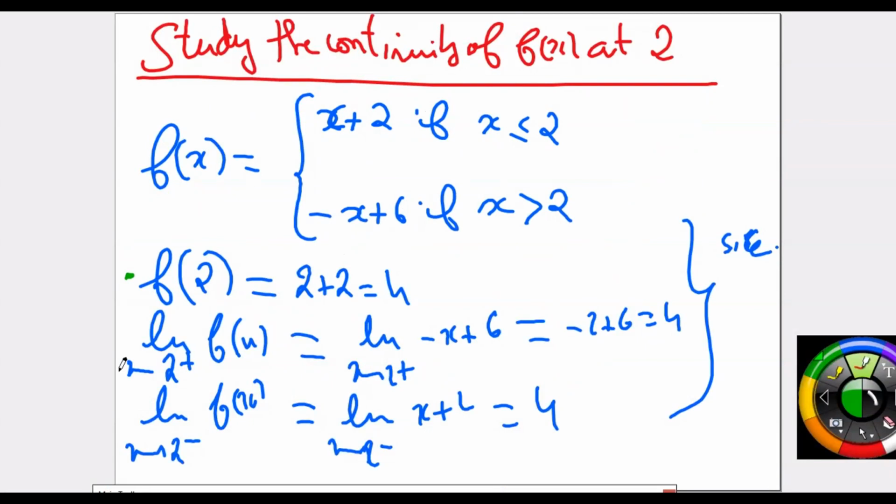Then I will do the limit of f of x when x tends to 2 plus. 2 plus means bigger than 2. Where is bigger than 2? Here. I replace x by 2. I have minus 2 plus 6. The answer is 4. And the limit of f of x when x tends to 2 minus. Where is 2 minus? Here. I replace here, my answer is 4. What does it mean?